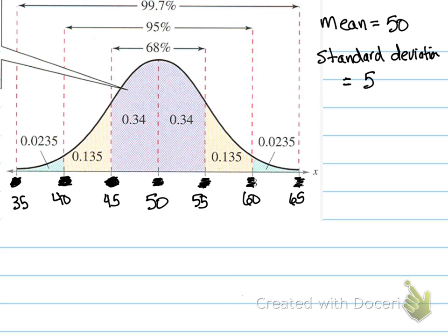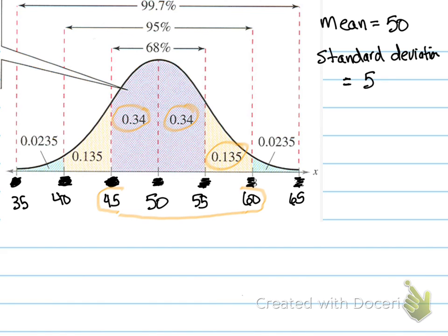Then it might ask us a question. It might say, how much data is in between 45 and 60? So it's asking for all of the data in here. I'm going to need to add this number and this number and this number.